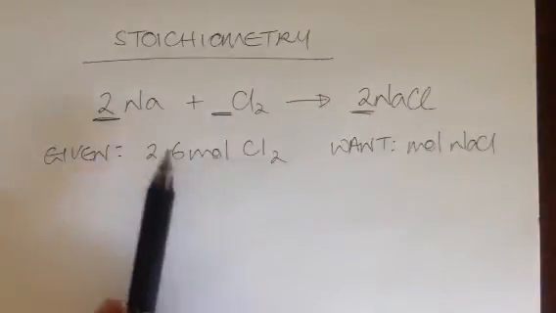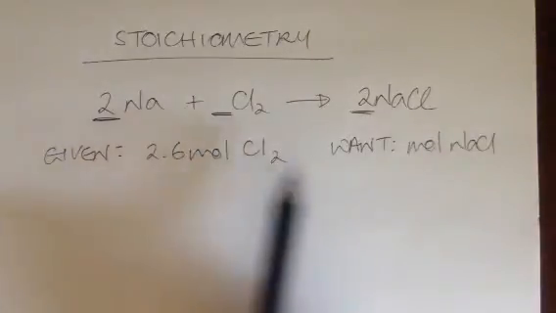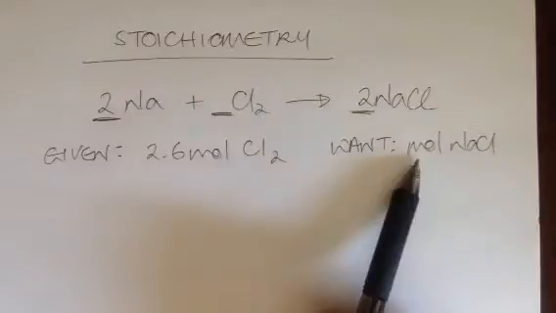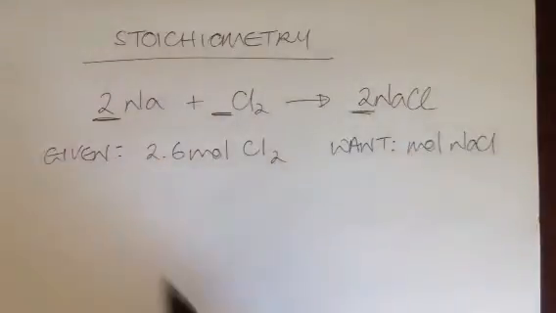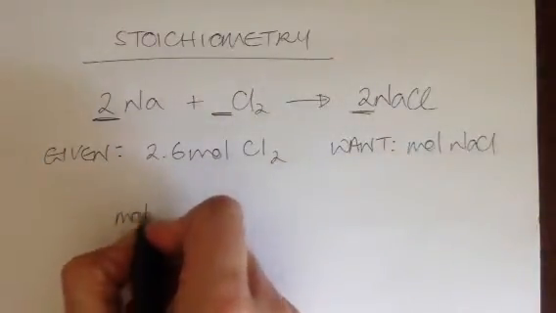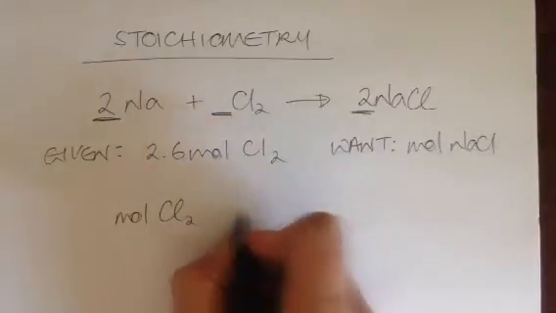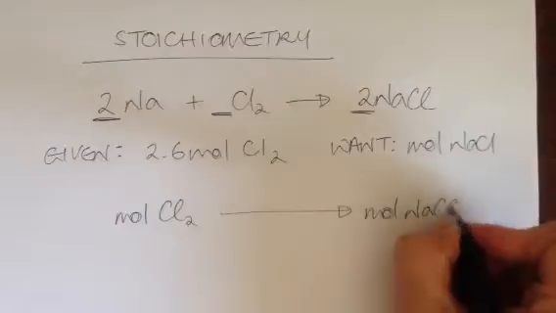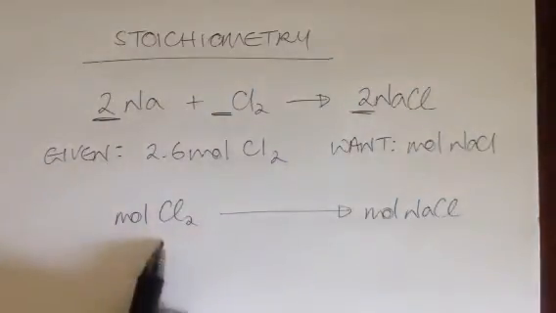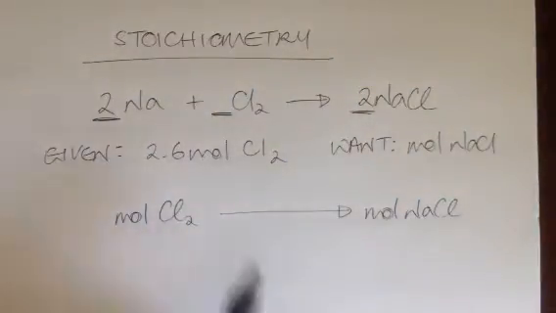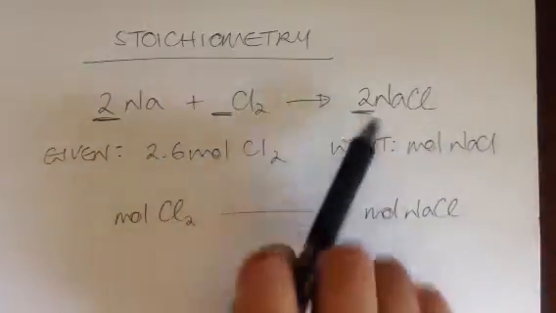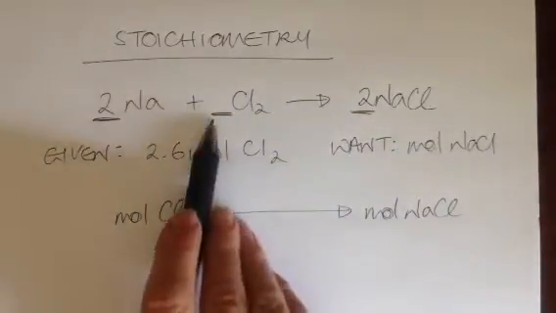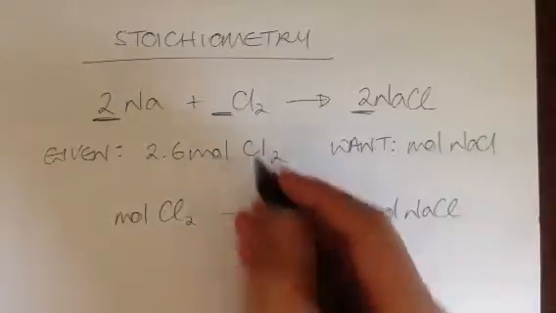So here we have a problem. If we've been given 2.6 moles of chlorine, how many moles of sodium chloride will we make? So we're going to go from moles of chlorine to moles of sodium chloride. And we need to write our conversion factor on the arrow with moles of chlorine on the bottom. The conversion factor is the coefficients, okay? 1 mole of chlorine produces 2 moles of sodium chloride.